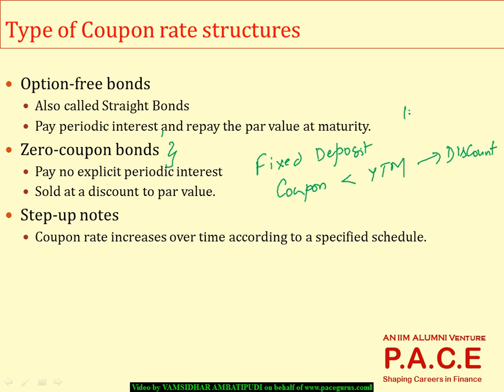Face value is 1000, so it should be available at 700 or something, depending on the maturity. Based on this, if you compute the IRR, that is what will come out as the YTM for this bond. Then sometimes we also have option free bonds, meaning there is no option, it's only a straight coupon.